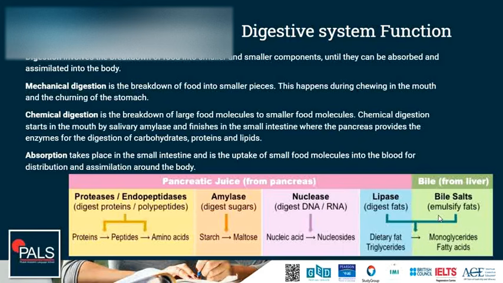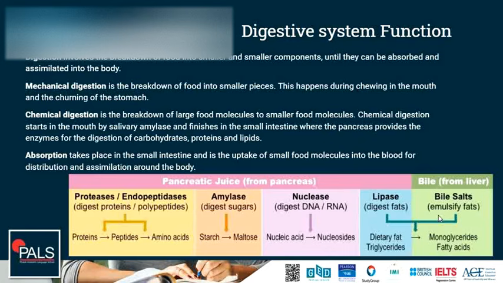Absorption takes place in the small intestine and is the uptake of the small food molecules after chemical digestion has finished into the blood for the distribution around the body and their assimilation.